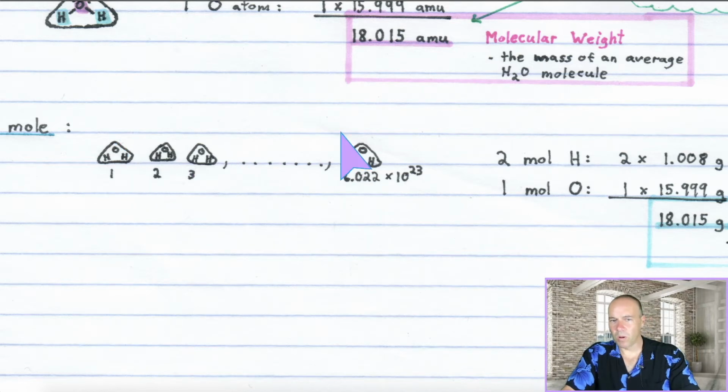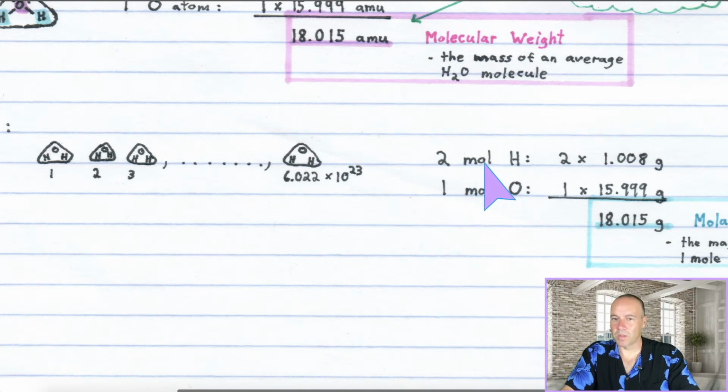So if you have a mole of molecules, then you got twice that many hydrogen atoms. You got 2 moles of hydrogen. And each molecule contains 1 oxygen, and so a mole of them would mean you also have a mole of oxygens. So to calculate the mass of the entire mole, you add up the mass of the 2 moles of hydrogen plus the 1 mole of oxygen.